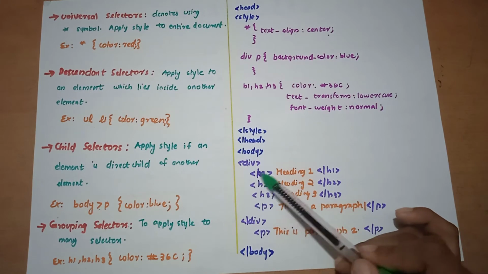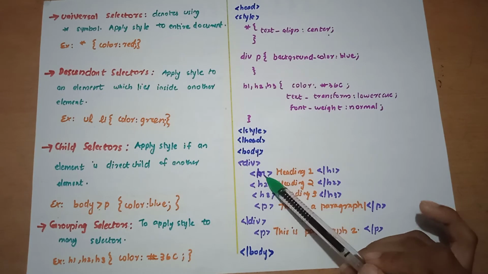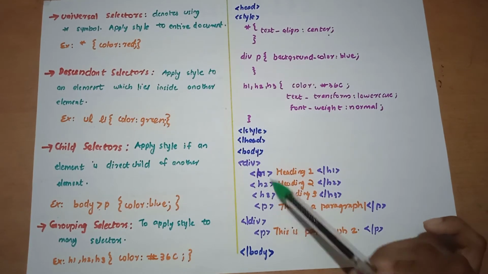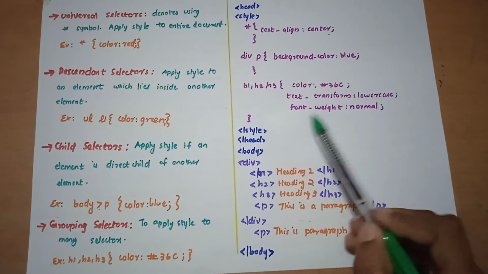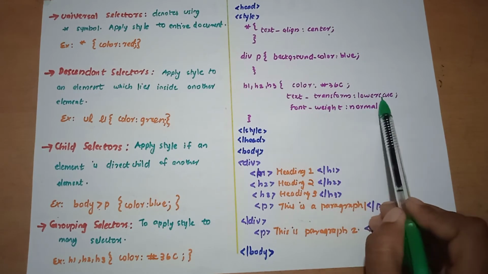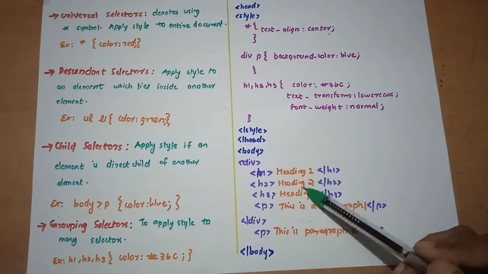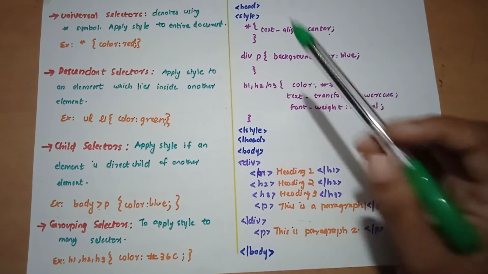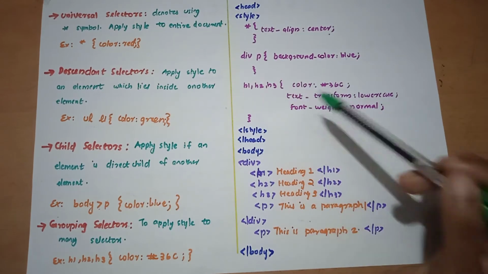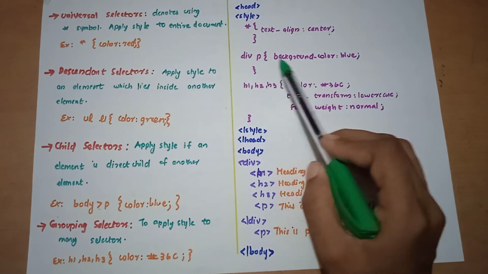As we have already written, these styles are added to the default H1, H2, H3 features: font weight normal, text transformation lowercase, and the color should be this. So these three headings will be displayed as we have mentioned in our style tag. Then we have written div p with a background color.